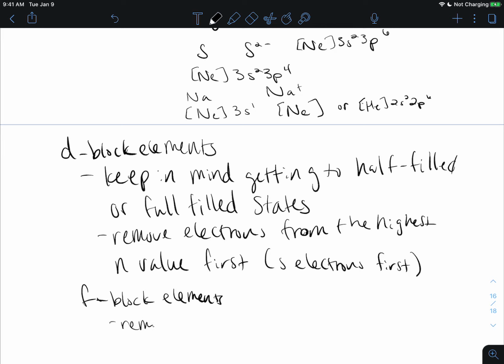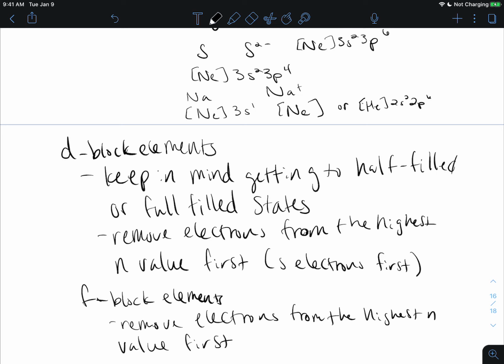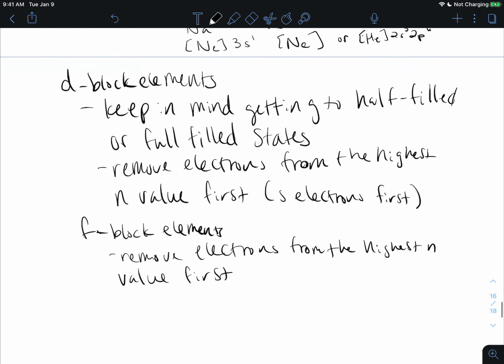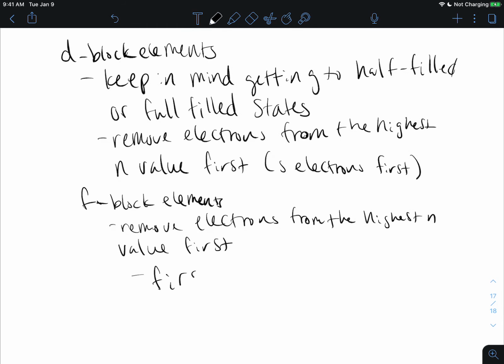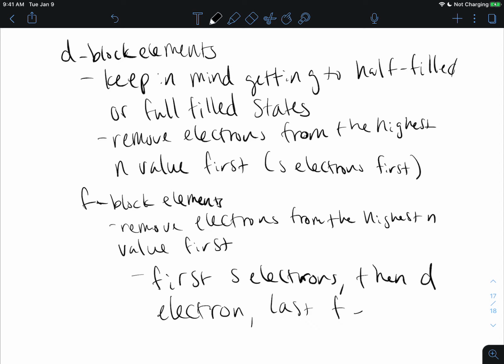You're going to remove electrons from the highest n value first, which means first your S electrons, then your D electrons, and lastly your F electrons. So first S electrons, then D electrons, last F electrons.